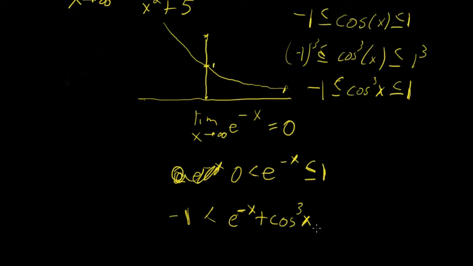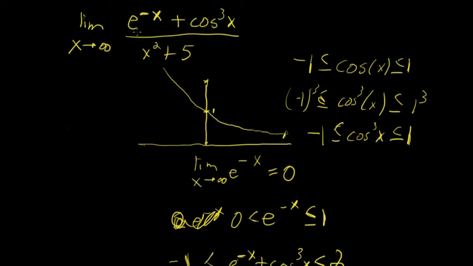What about the upper bound? Well, the upper bound on e to the minus x is 1, remember, when we're restricting ourselves to positive values of x but also including 0. And the upper bound for cosine cubed of x is 1. So the upper bound for the sum is 2.